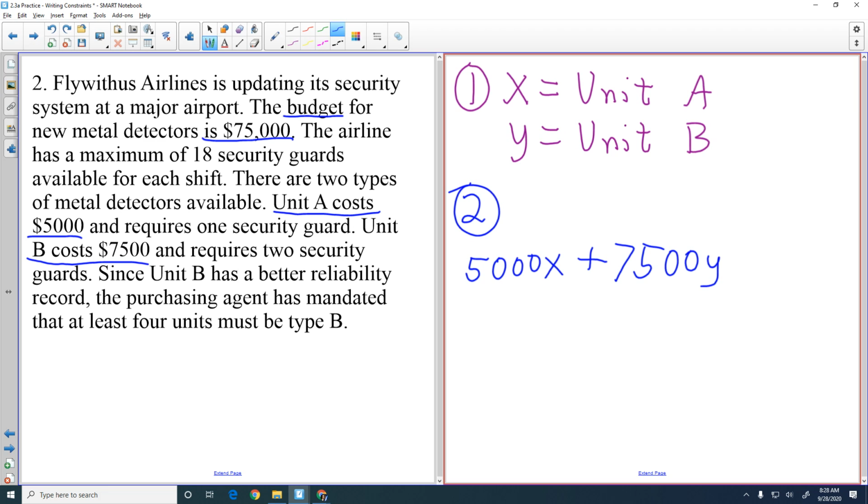I'm going to add those two dollar amounts together. The amount of money we're spending on the A's, the amount of money we're spending on the B's, and we add those together, and whatever that total cost is, it has to be underneath our budget. So it's got to be less than or equal to $75,000.